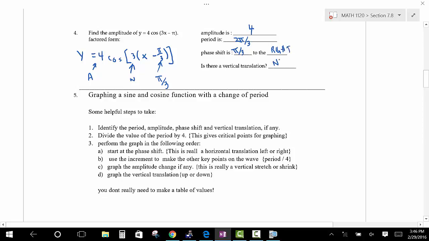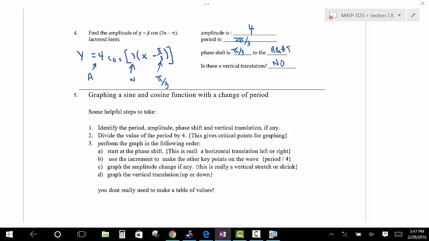No. Okay, this time we didn't have a plus or minus number at the end of it like that. That's everything. Is there a reflection over the x-axis? Yes or no? No. There would have to be a negative in front of the 4 in order for that to happen. That's step 1 in this section, is to know how to find all the parts of it. What's the only thing, again, that's new is the phase shift.